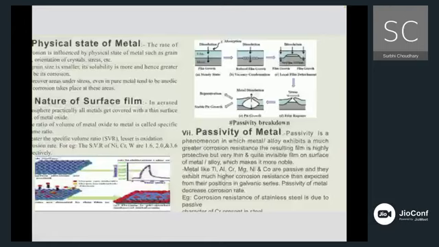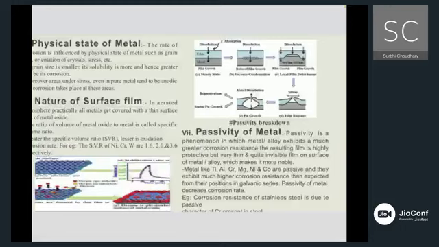Then if that is soluble in the electrolyte, the rate of corrosion is high because it will transmit electrons, and if there is transmission of electrons in the environment or in the liquid medium, that is the electrolyte medium, then the corrosion rate will increase.